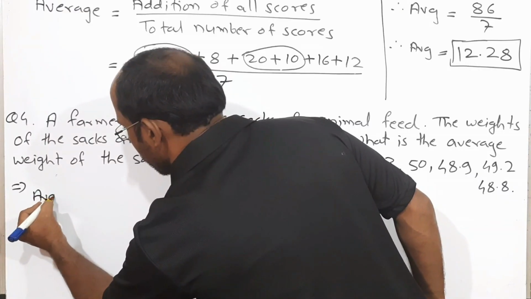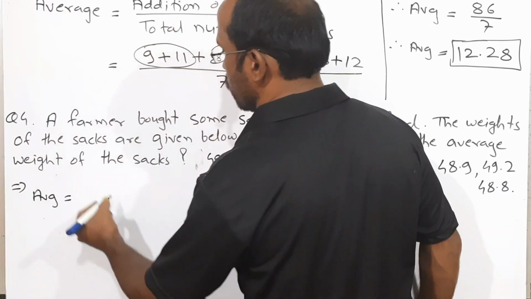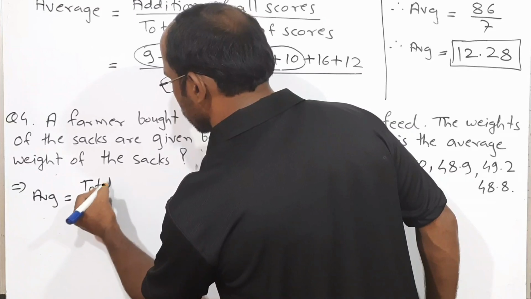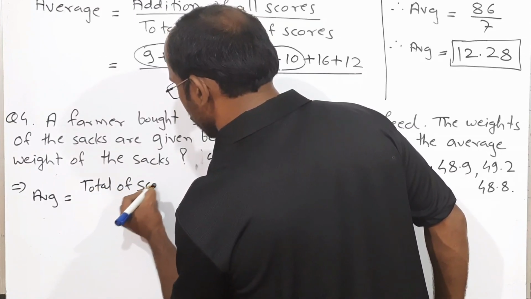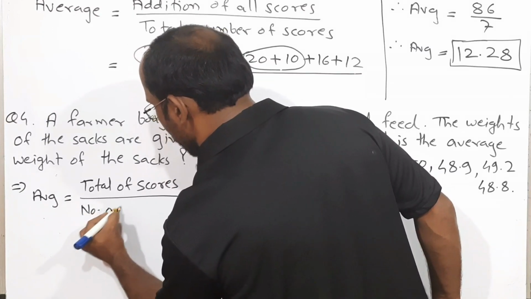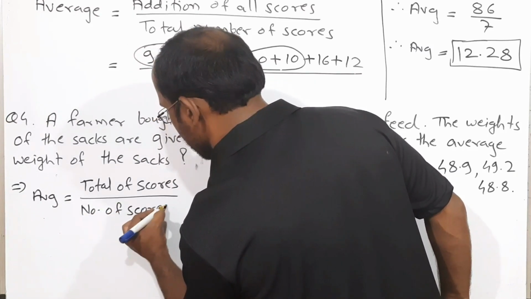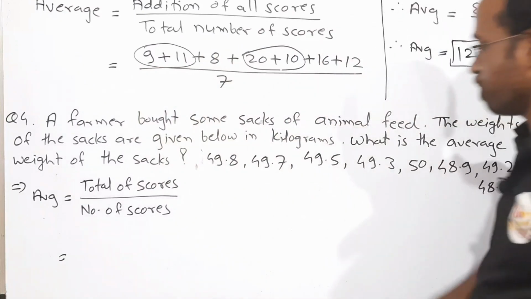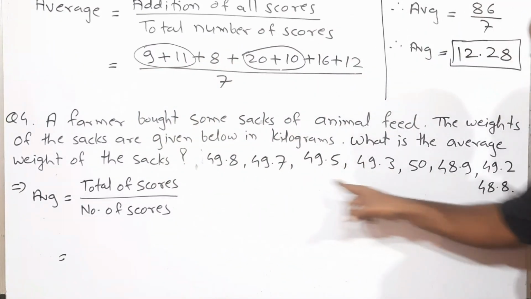Average is equal to total of scores divided by number of scores. So we have to find the total, means addition of this.